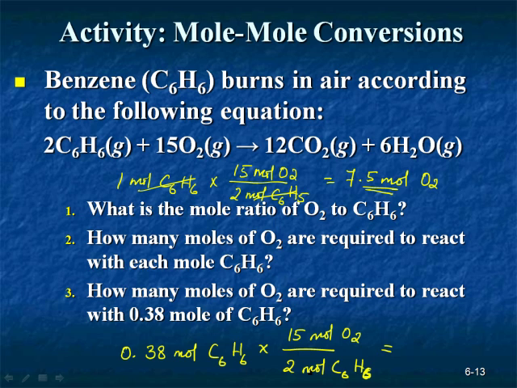So do the math please. What is the math we have to do? 0.38 multiplied by 15 divided by 2, or 0.38 multiplied by 7.5, whichever way you do. What do you get? How many moles of oxygen will you need? 2.85.